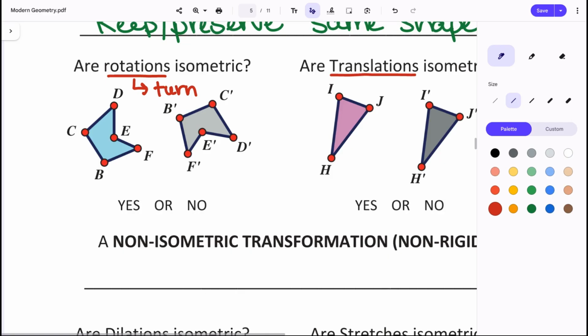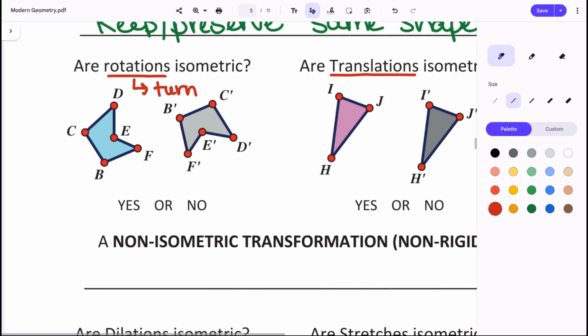So if I look at these two shapes I have, the one here on the left, this bluish one, that's my pre-image. And then the one over here in gray with all those prime markings, that's my image. So if I compared those, it looks like they stayed the same shape because they have the same formation. And it looks like they didn't get any bigger or smaller than each other. They look like they're the same size.